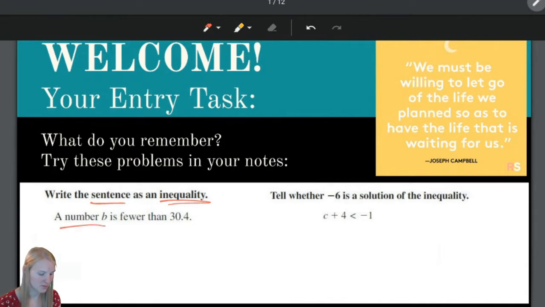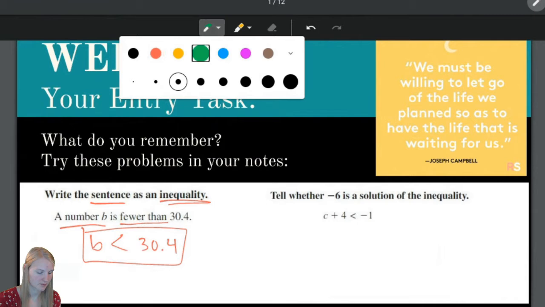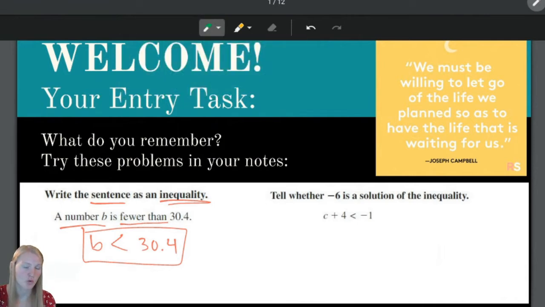A number B is fewer than 30.4. Fewer means less than. B is less than 30.4. The end.